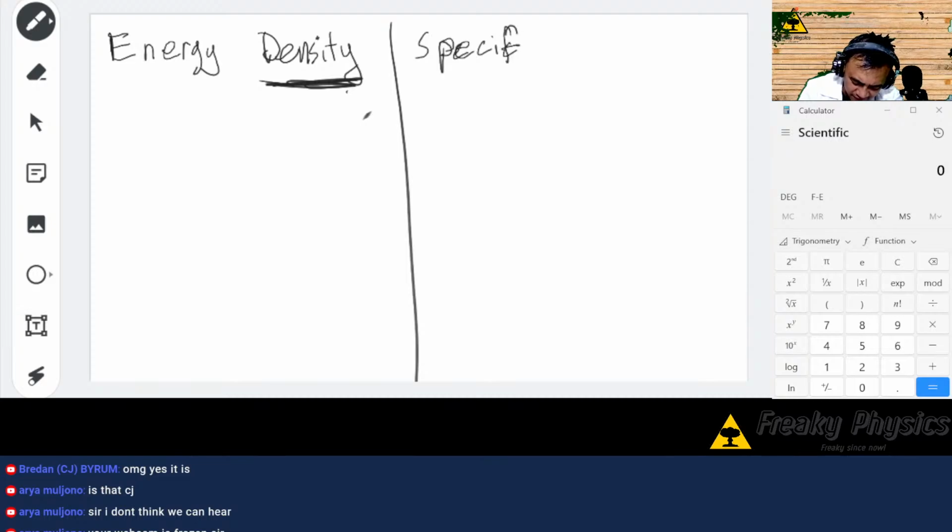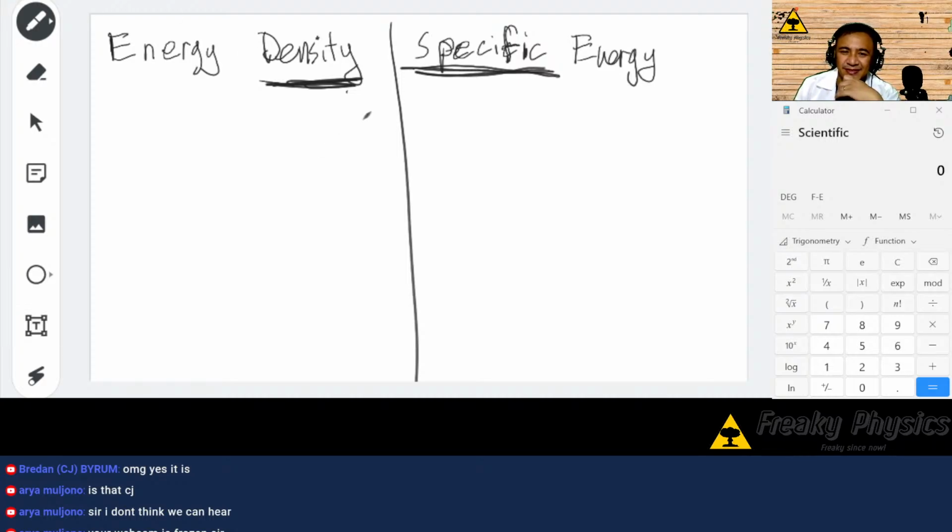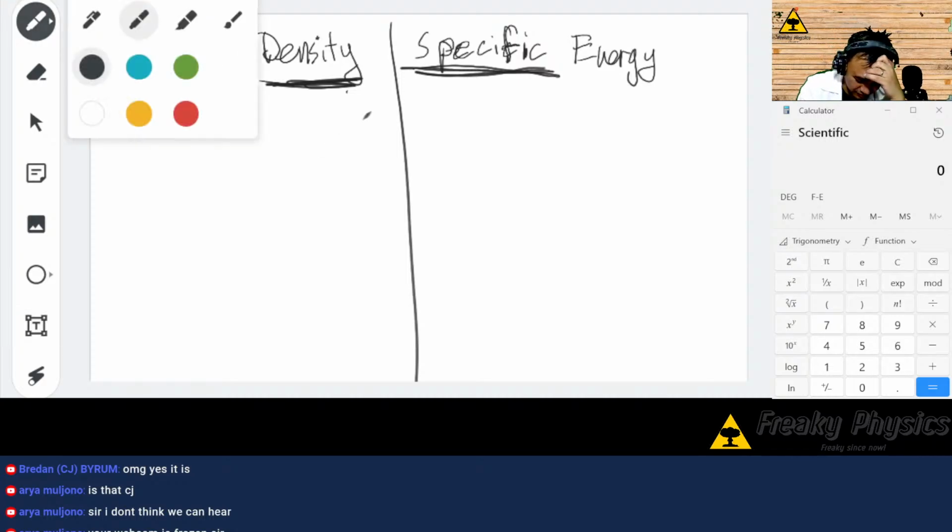What's the density of water? Let's start with that. That's a good question. It's actually a very easy number to memorize. It's 1.